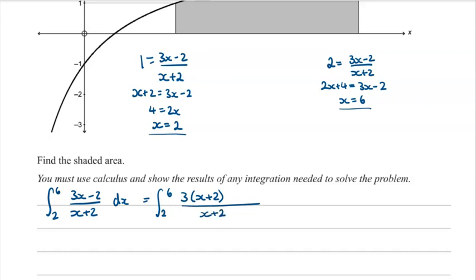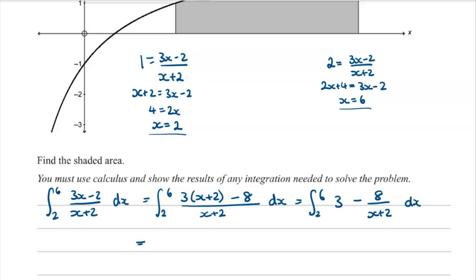You can take a look at my playlist of integration videos for this method I'm using at the moment called algebraic juggling. So that would become 3x plus 6. We want it to be minus 2, so we need a minus 8. So the x plus 2's cancel, and we get this.